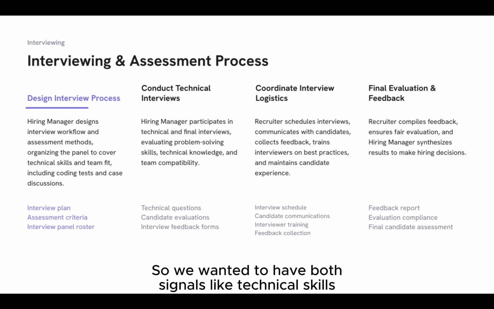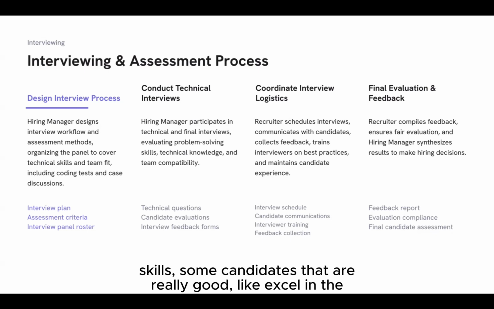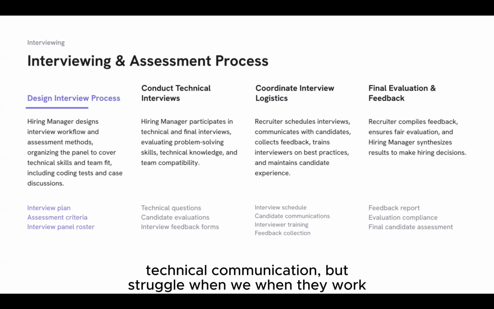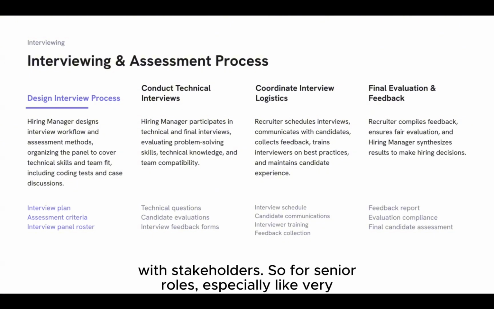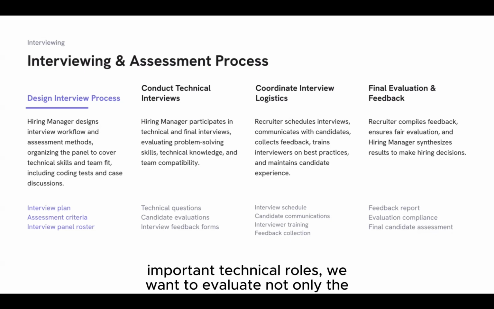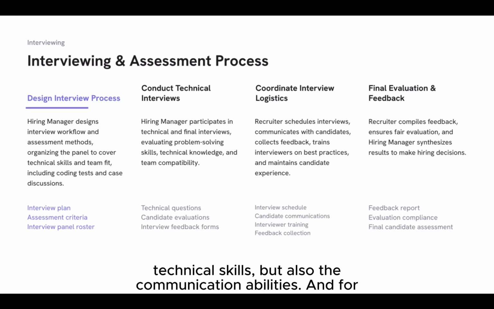So we wanted to have both signals: technical skills and also communication and collaboration skills. Some candidates are really good and excel in technical communication, but struggle when they work with stakeholders. So for senior roles, especially very important technical roles, we want to evaluate not only the technical skills but also the communication abilities.